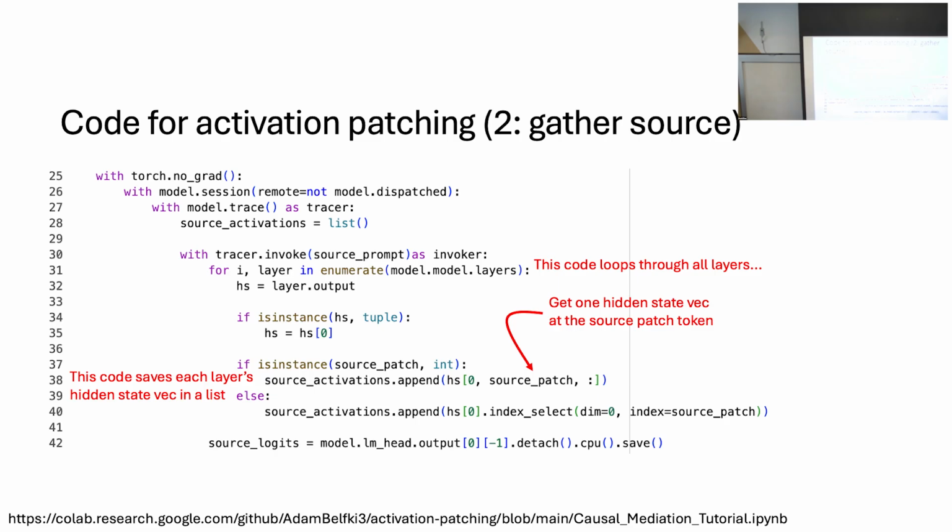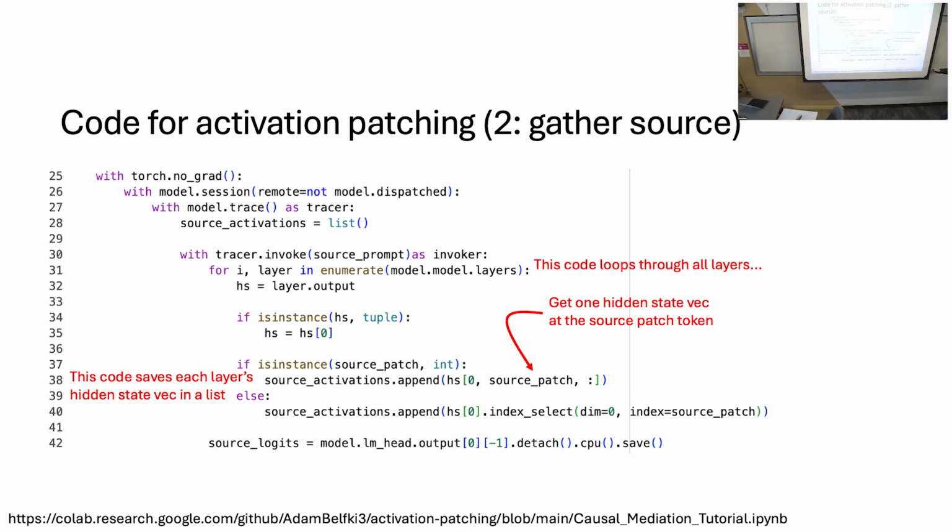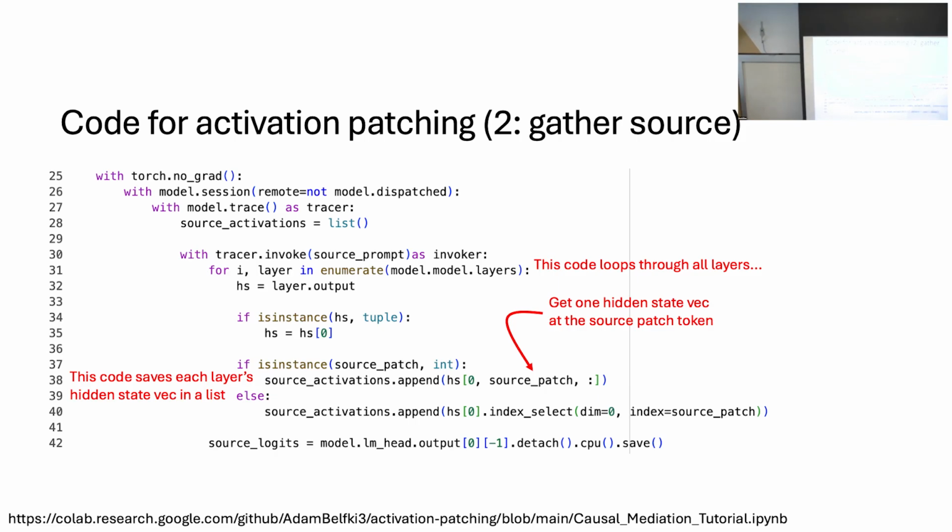Because Adam wants to automatically do all the experiments for you at every layer, he just goes over all the layers, and for each layer he unpacks the activation at the layer. Sometimes they're tuples for some models, and sometimes they're not. Anyway, he pulls out the activations for the layer, and then he says, "I only care about one token's activations, so don't use up memory saving them all. I just care about token number 5, whatever this is, right?"